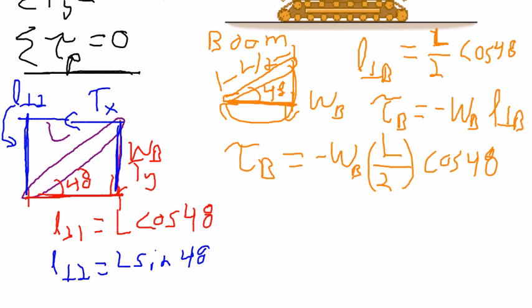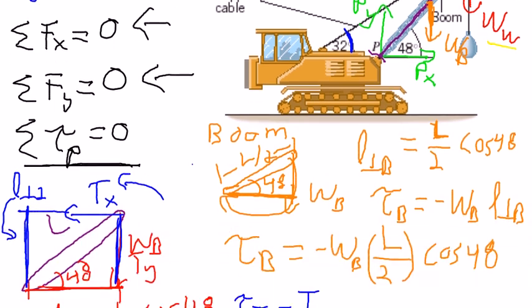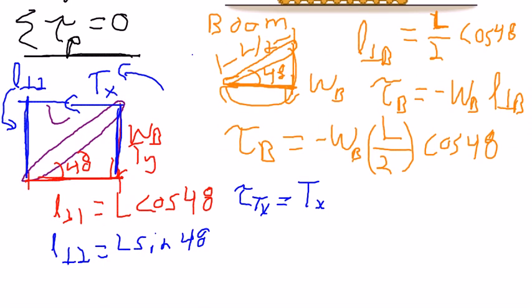So the torque caused by Tx, for example, is going to cause rotation in the counterclockwise direction, so it's positive. That's equal to Tx, which you can see what Tx is equal to up here, don't forget, multiplied by L perpendicular 2, which is L times the sine of 48.